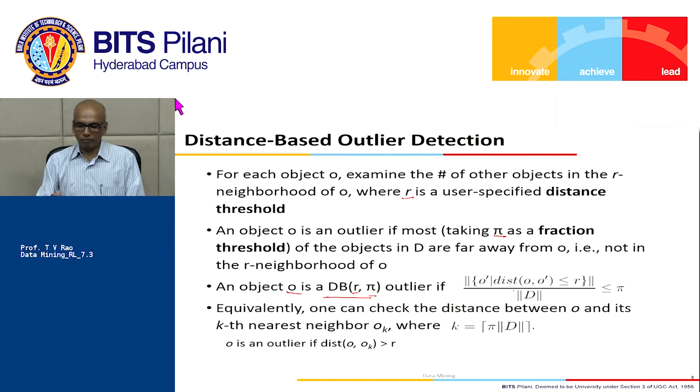If the kth neighborhood is at least R distance away, that is an alternative way of expressing it. Here k represents the same fraction, pi multiplied by the total count of the objects in the domain.